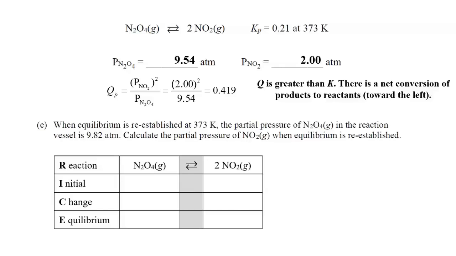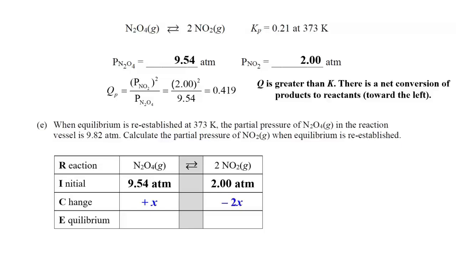So at that moment, the partial pressure of N2O4 was 9.54 atmospheres, and the partial pressure of NO2 was 2.00 atmospheres. Because there is a net conversion from products to reactants, from right to left, the partial pressure of the N2O4 will increase, so we'll say plus X, and the partial pressure of the NO2 will decrease, and we'll say minus 2X.